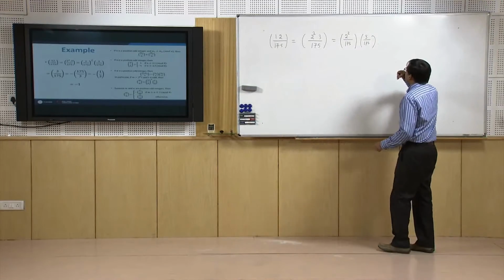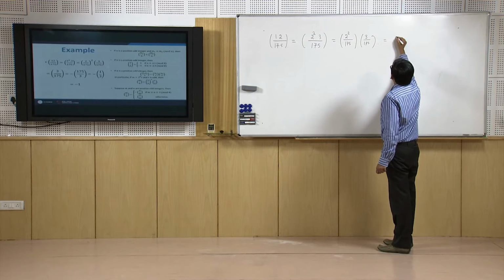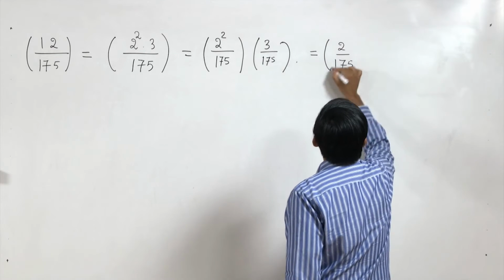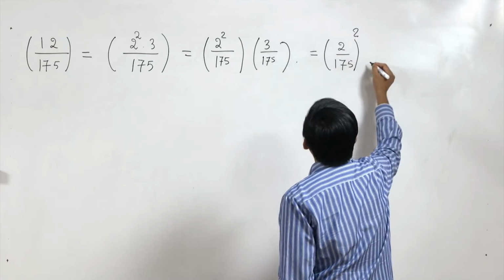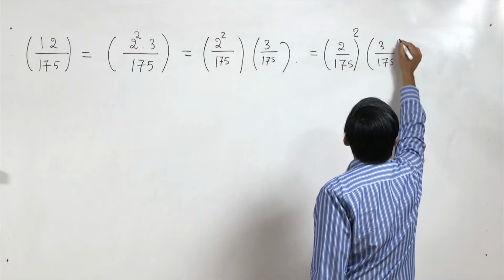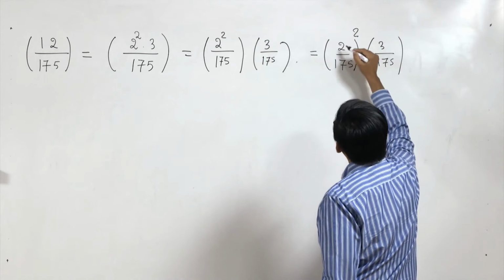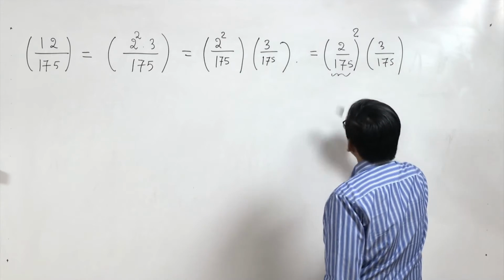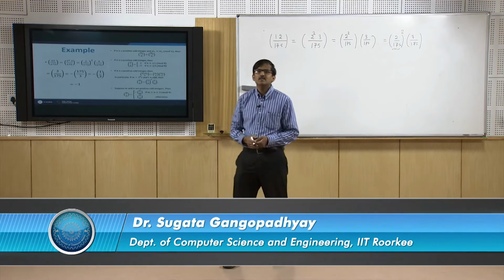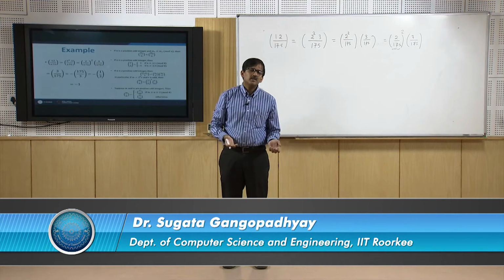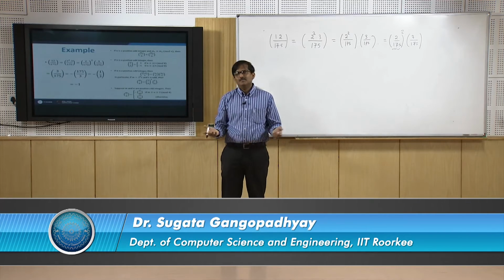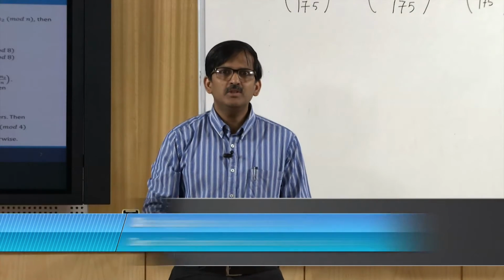I can take (2/175) squared and (3/175), and now I have to determine the sign of this thing, although I know that in this case I do not have to do anything, because it is either plus 1 or minus 1, and in any case it is going to be 1, because after all it is squared, but still it is good to check once.